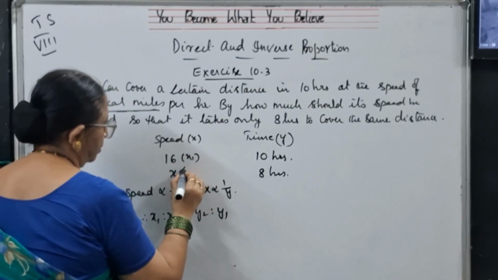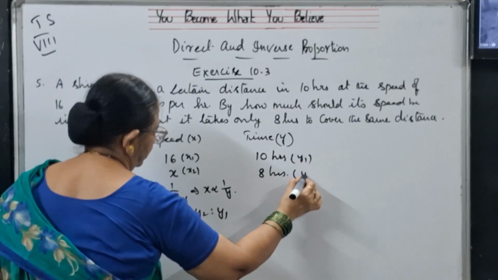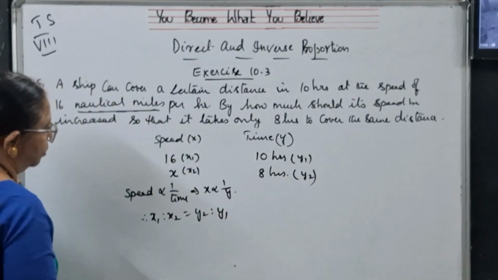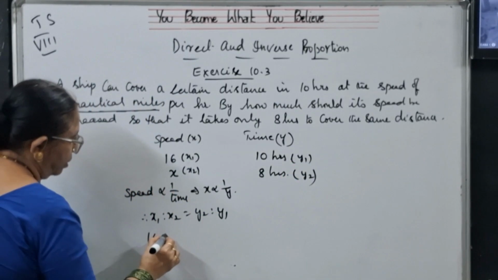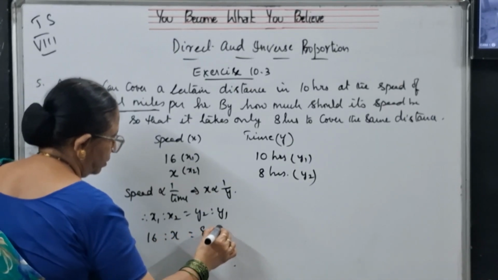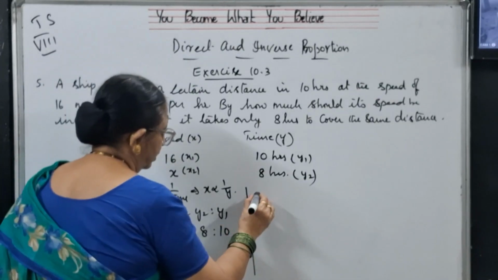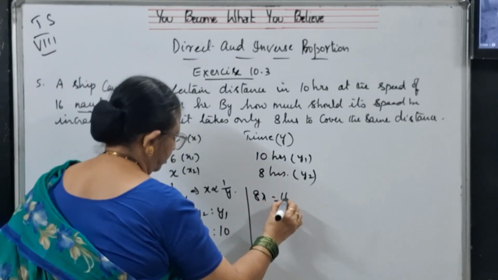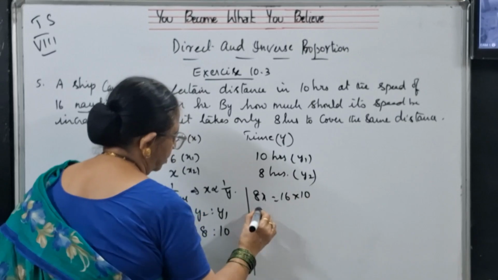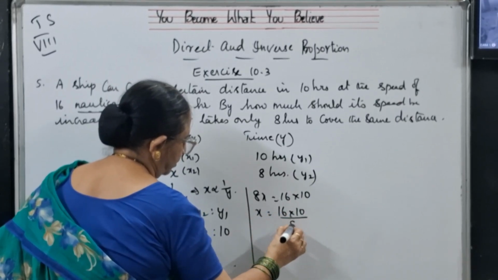This is x1, this is x2, this is y1, and this is y2. So, x1 16 is to x2 is x is equal to y2 8 is to 10. That means 8x is equal to 16 into 10. So what is x? 16 into 10 by 8.